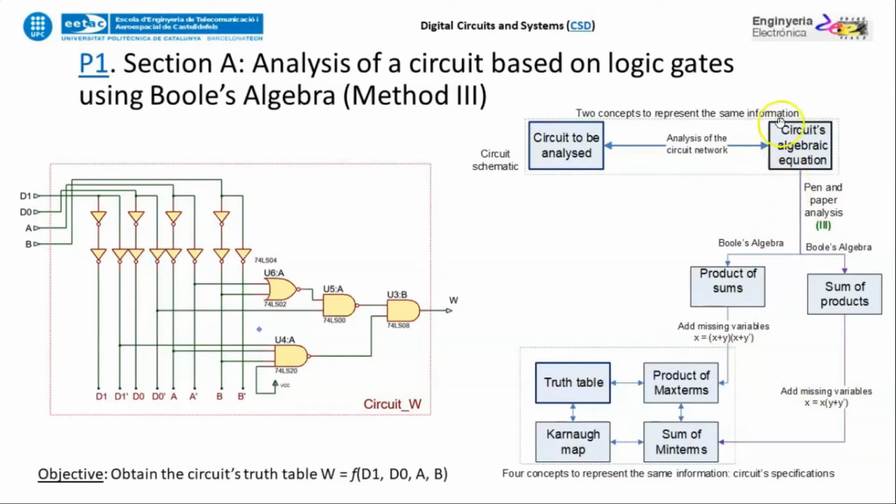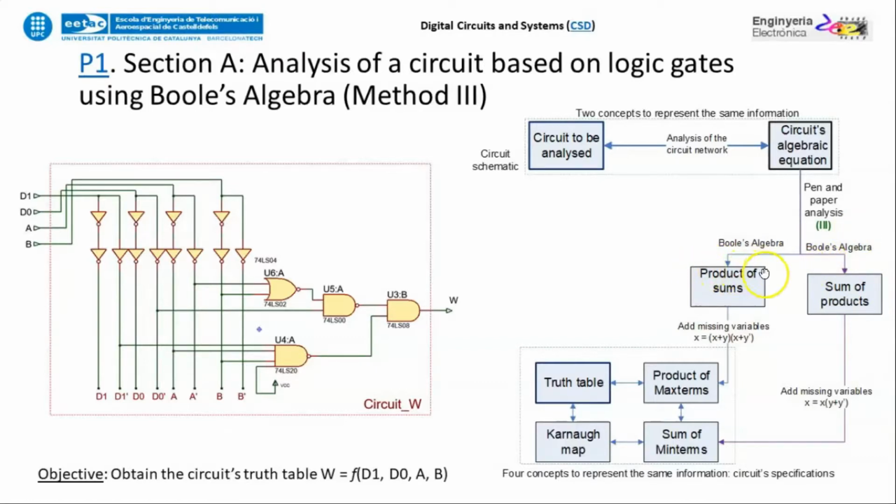And once we've got the equation, we can go using pen and paper by means of a simple analysis, trying to simplify the equation so that we can find a concept which is extremely important here in this subject, which is called the product of sums, or an equivalent one, which is a sum of products, depending on the way we've gone through this handmade analysis.